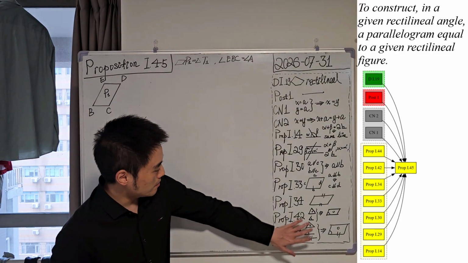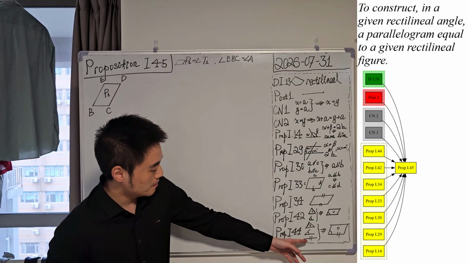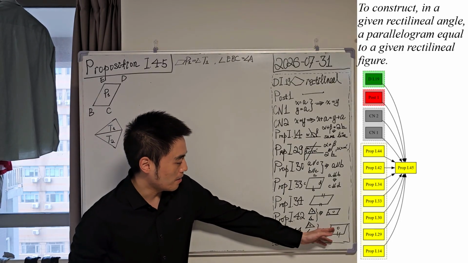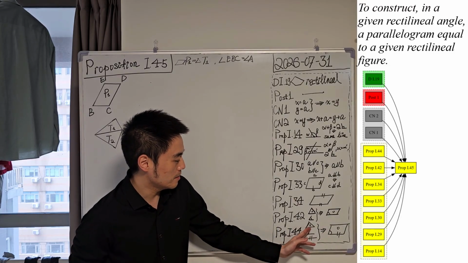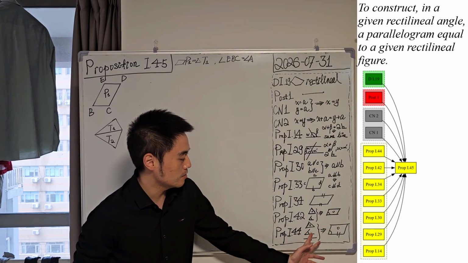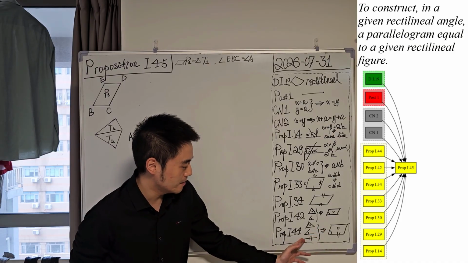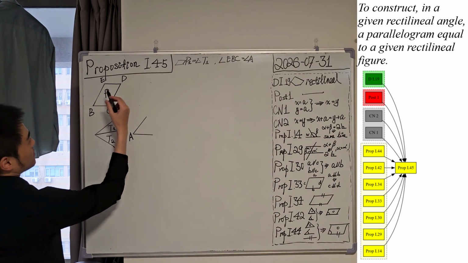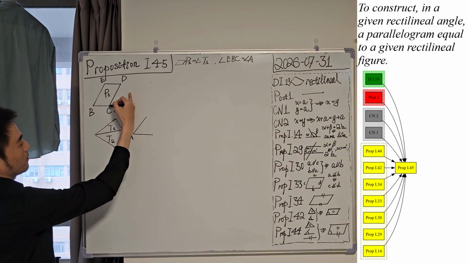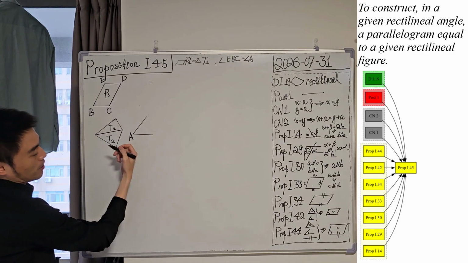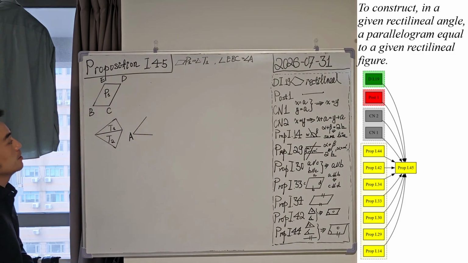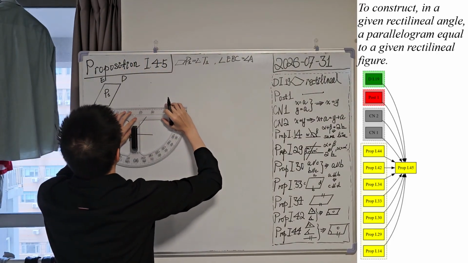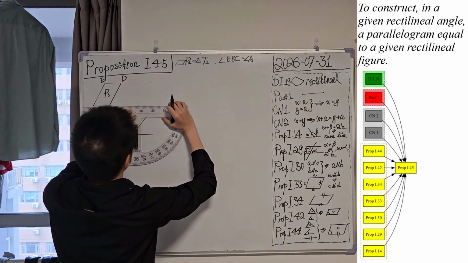And then please recall proposition 44 we've just proved. If we are given these two conditions and a finite straight line, then we are able to construct a parallelogram equal to this given triangle in this rectilineal angle and on this straight line, okay? So let us use CD as the straight line we are given, T2 as a triangle and A as a rectilineal angle. So we can construct another parallelogram with proposition 44.